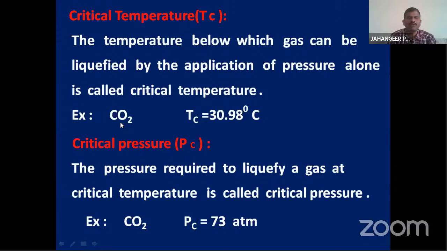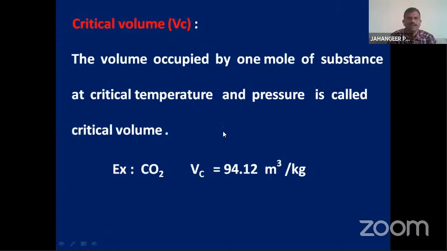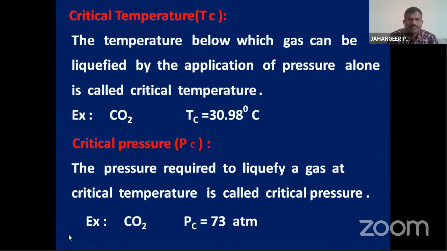A simple example is carbon dioxide gas. The critical temperature of carbon dioxide is 30.98 degrees Celsius. That means only when carbon dioxide reaches a temperature of 30.98 degrees Celsius is it converted into the liquid state.